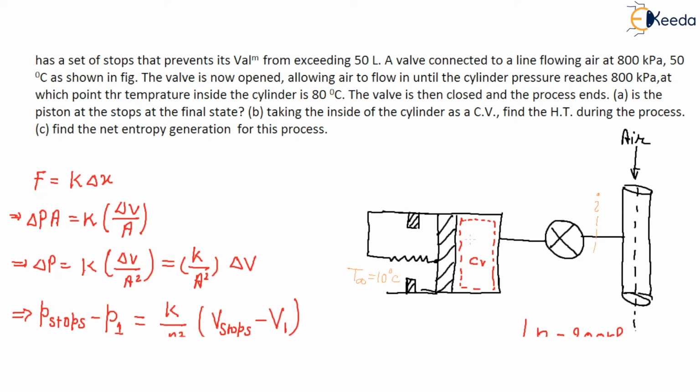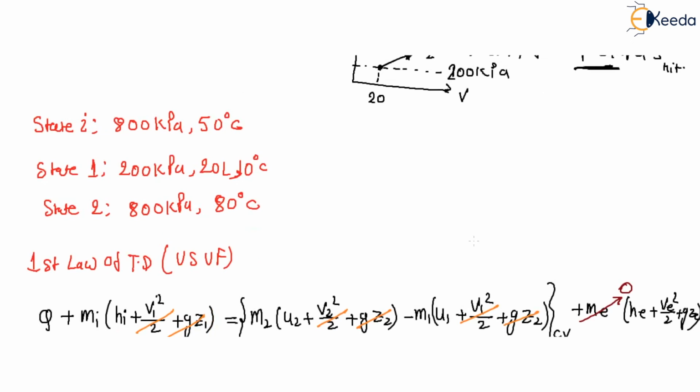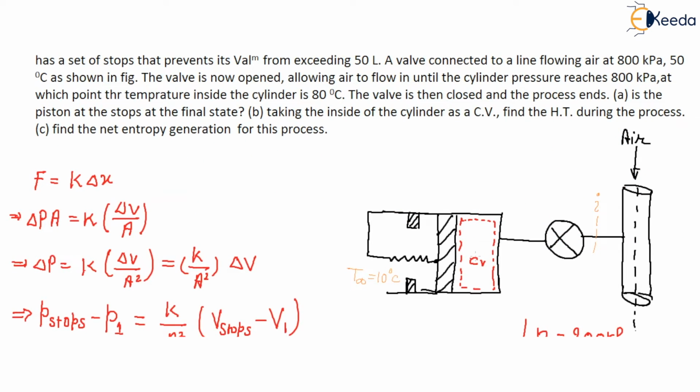The final temperature is 80 degrees centigrade and the initial temperature is 10 degrees. If there is flow into the fluid, the system boundary expands. This is a quasi-static process. So the temperature of the system will increase, and there is no insulator, so heat will transfer. So this is a negative value.